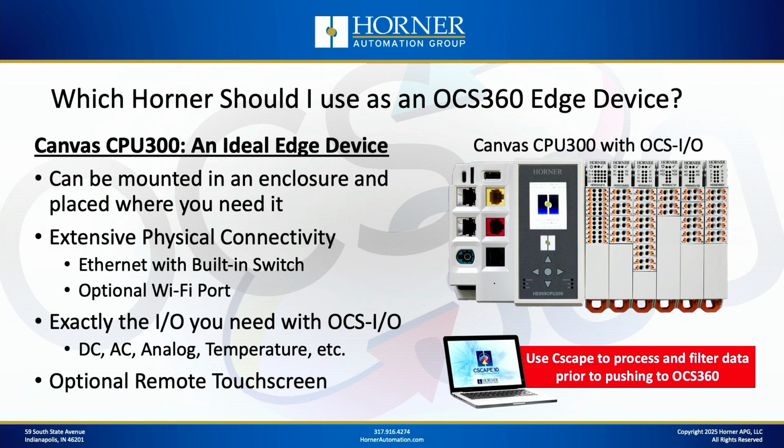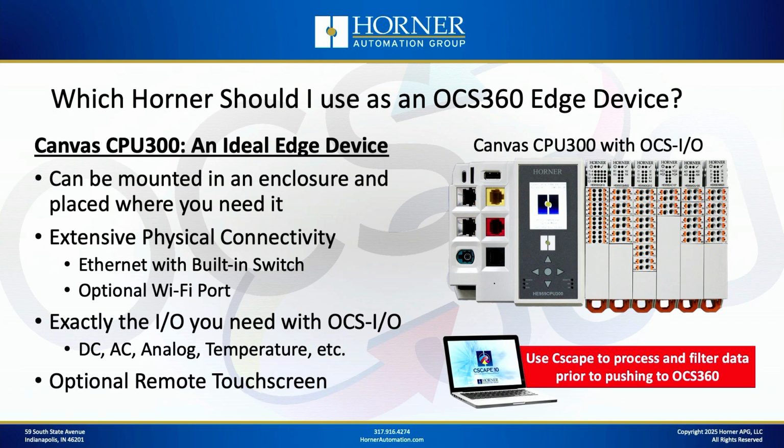It's got Ethernet support, of course, for those protocols I talked about, Ethernet IP and more. It has a built-in switch. It's got a serial port for protocols if you're going to grab data that way. And if you're going to tap into some existing signals, some electrical signals or some new sensors or something to grab the data from that existing machine, it'll support just about any signal type you could possibly want through the addition of OCS-IO. So it's really got everything built right into it.